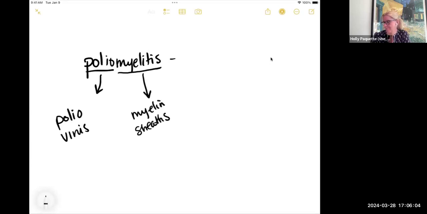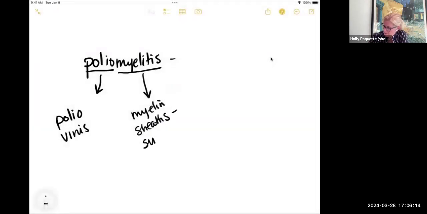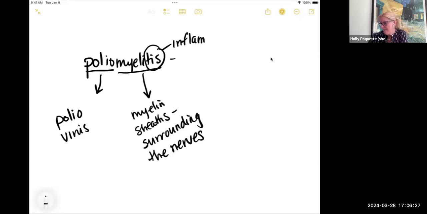And these are kind of like collars that go around your nerves. So myelin sheaths surrounding the nerves. And what we would see is that itis refers to inflammation. So when you have inflammation of these sheaths, basically these collars that surround our nerves, what poliomyelitis did was it damaged and in many cases destroyed the nerves themselves.